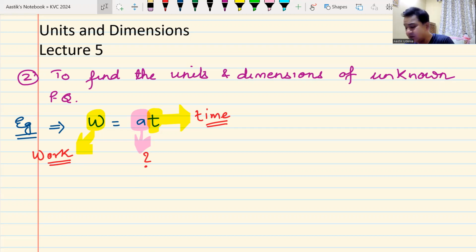Instead of telling me the name of that physical quantity, because in some cases you will not know the name, tell me the unit and tell me the dimension. That is the question. I have not asked you to name that physical quantity. I've only asked you to tell me the unit and dimension of that physical quantity.